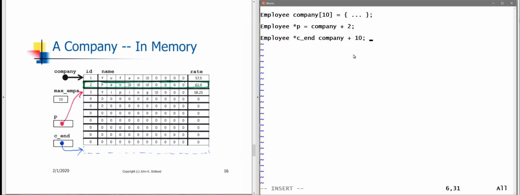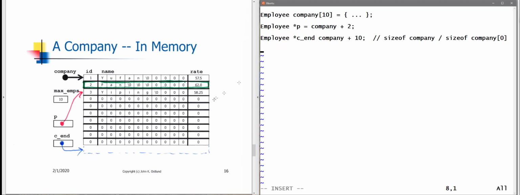I'm just going to say 10, but we could have said size of company over size of company sub 0, all right? I do, unfortunately, have an equal sign missing between C end and company. So rather than redoing all of these slides, just realize that there should be an equal sign in there.